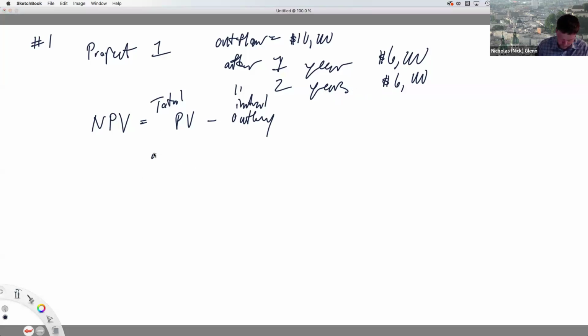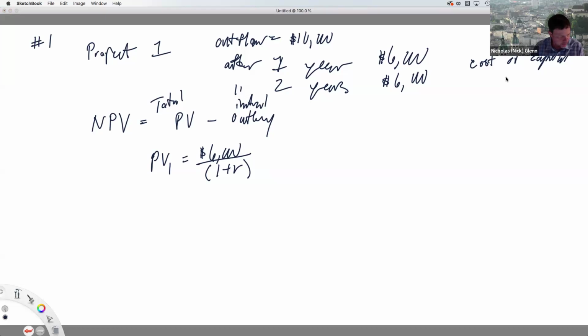Okay. The present value 1 here will be $6,000. And remember, we have to discount this. This will be 1 plus the interest rate. The borrowing cost, or the cost of capital, is what they have to pay out on bonds, or dividends of stock, or if they're borrowing it from the bank.